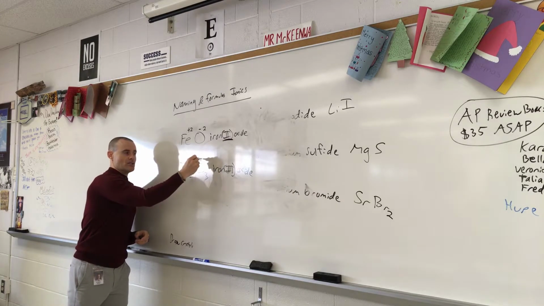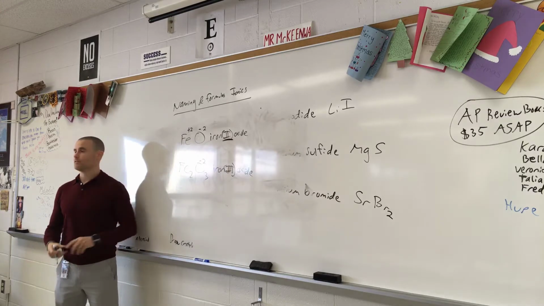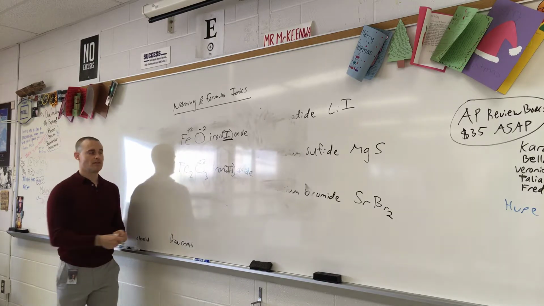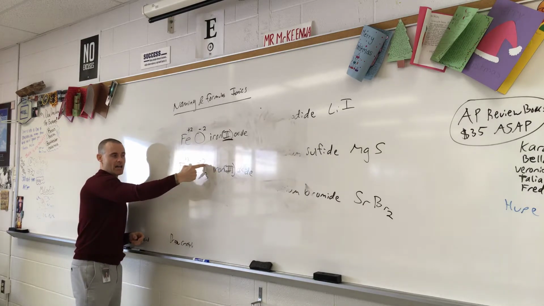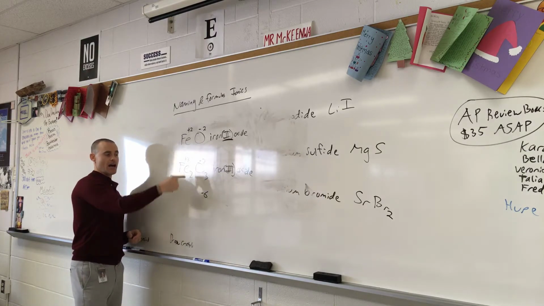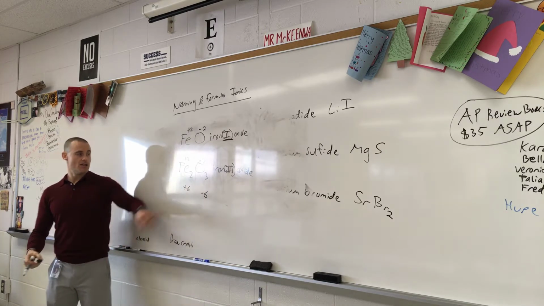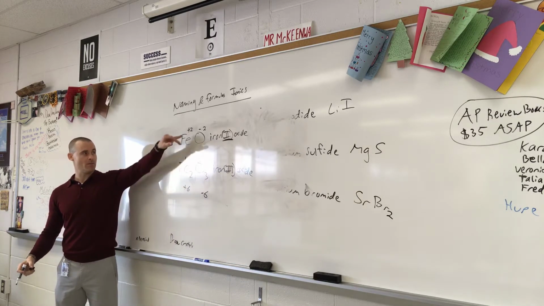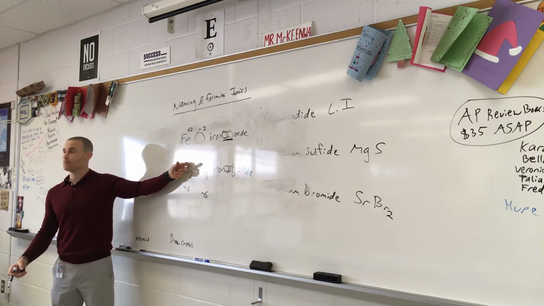If this oxygen's -2, what does this have to be so all of it adds up to 0? Has to be a +3. Here's why. I have 3 -2s, that's -6. I have 2 +3s, that's +6. So this iron cannot be +2, it won't work. It won't add up to 0. It has to be +3.